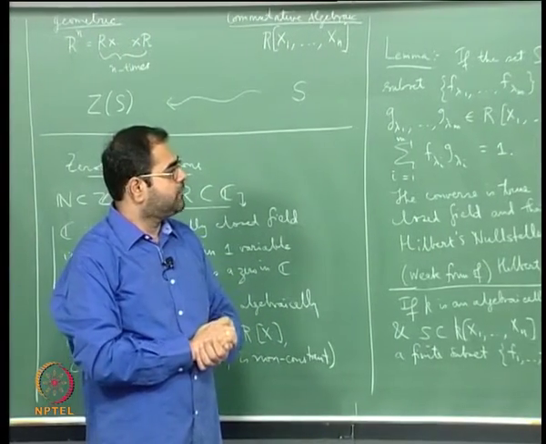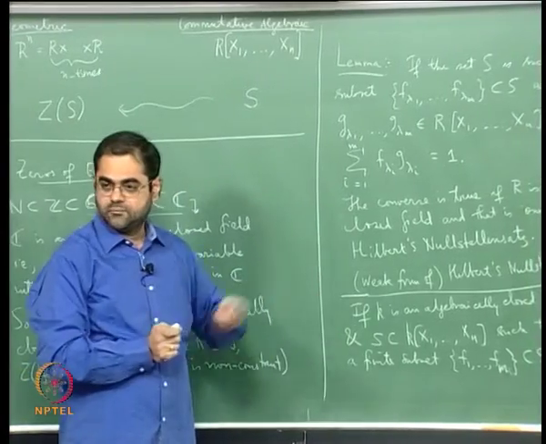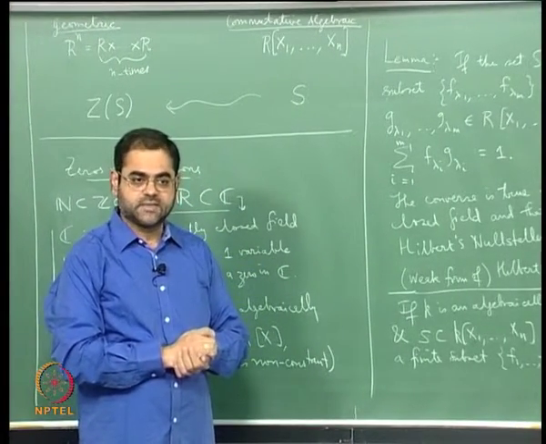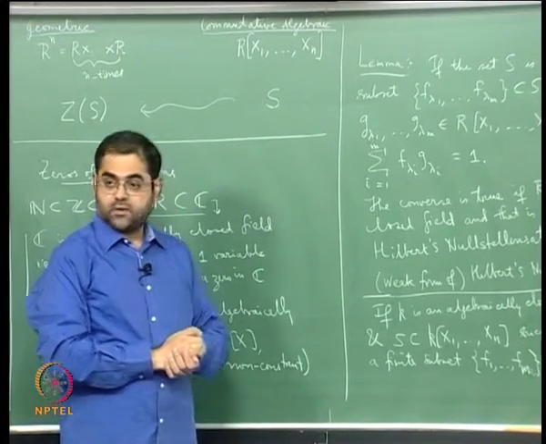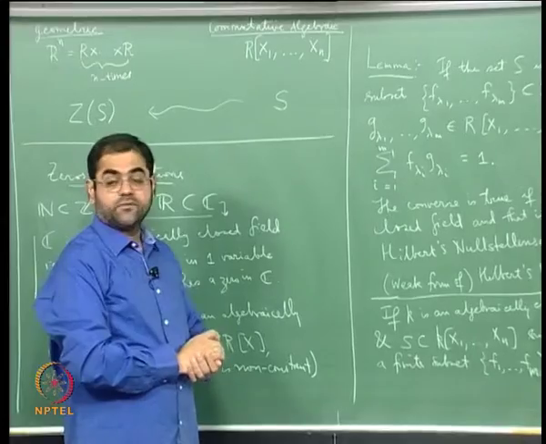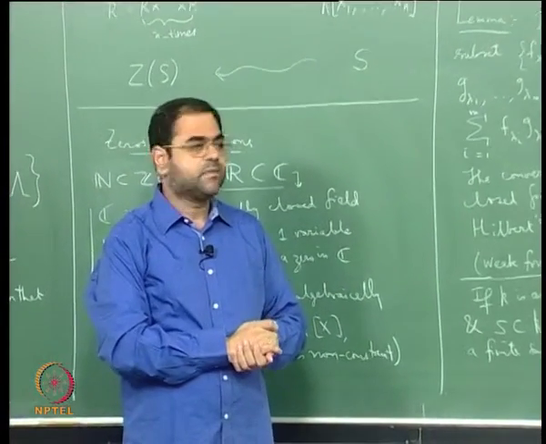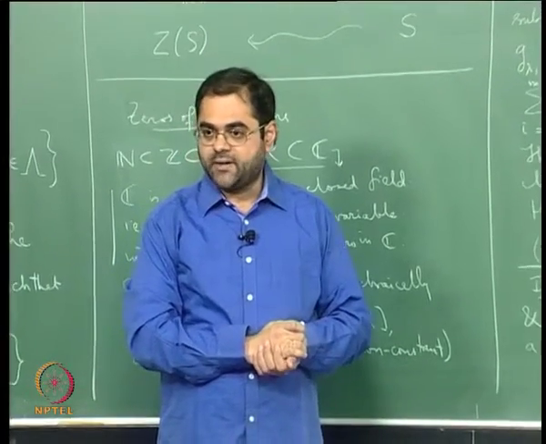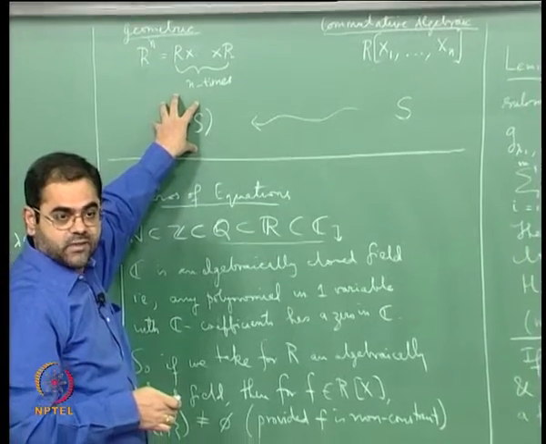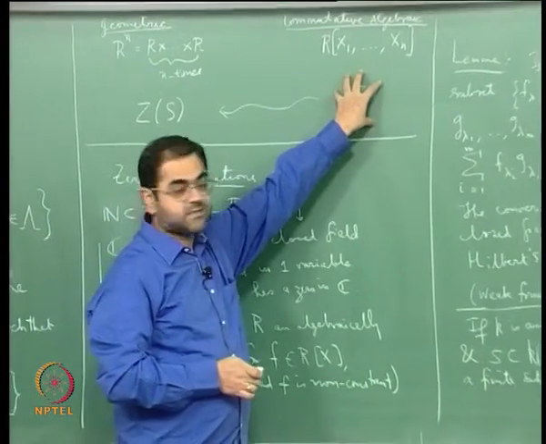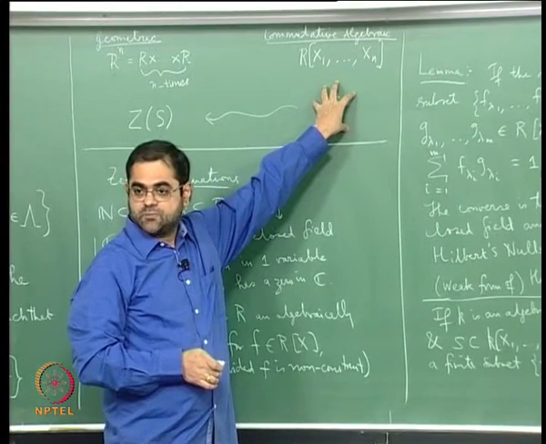I will see later on if I can hint at a proof of the Hilbert Nullstellensatz. Usually a proof of the Nullstellensatz is given in a course in commutative algebra, but there is also a way of looking at that proof completely in algebraic geometric terms. This is something that keeps happening, that you must always keep at the back of your mind. Many things can be said in the language on this side, which is the algebraic geometry language, and the same things can be said in the language on this side, which is the language of commutative rings and modules and ideals.